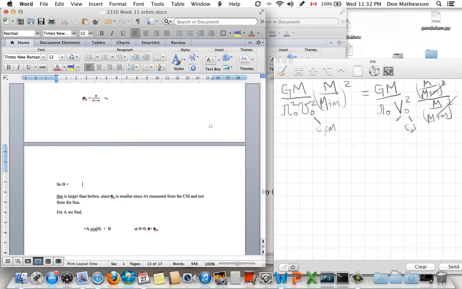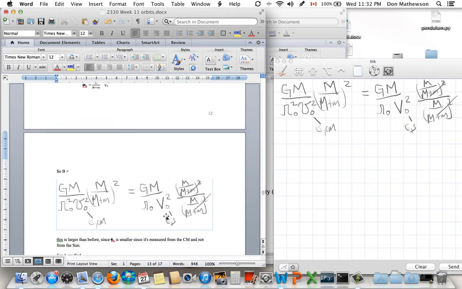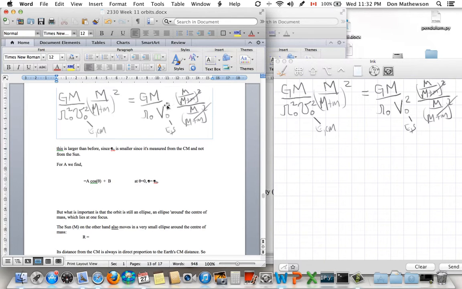And as a result, we end up almost with the same expression we had earlier for the b constant, except this r naught is smaller because this just measures the distance of the Earth from the center of mass. Earlier, we would have had just a normal r there, r naught v naught squared. So the differential equation is similar, but the b constant ends up a little bit different.